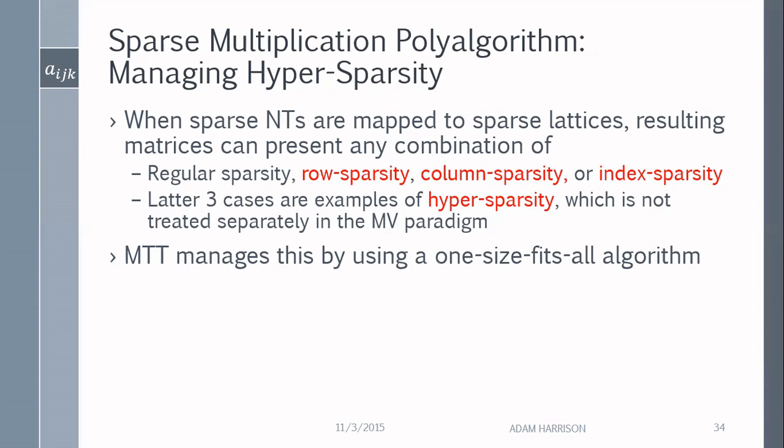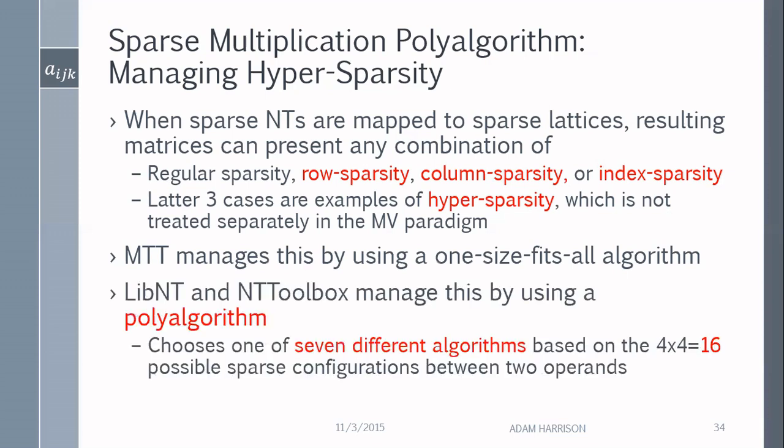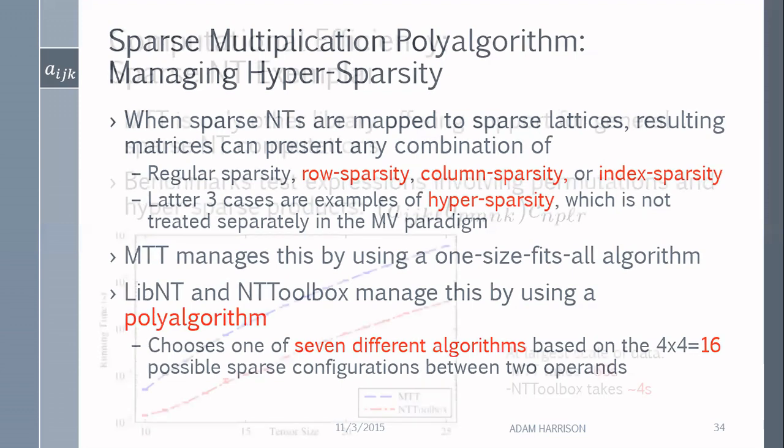But they had a one-size-fits-all algorithm, whereas our categorization of operands leads, in a binary product, to 4x4 possibilities, 16 possibilities. We developed 7 algorithms, or we used existing algorithms but mapped them, and we also developed some variations. Overall this is a poly algorithm for performing this hypersparse or just regular sparse multiplication.